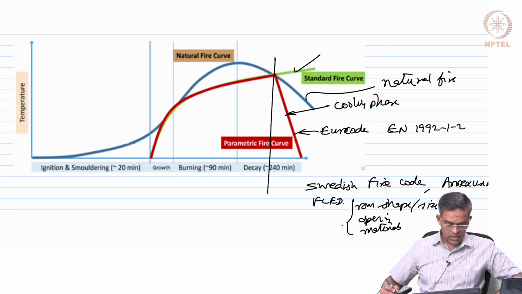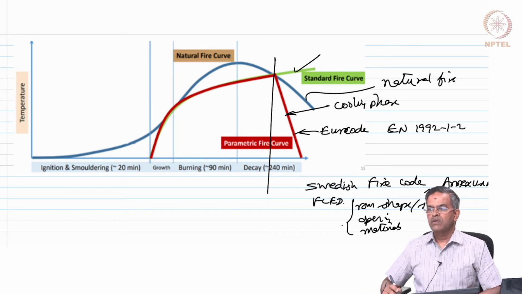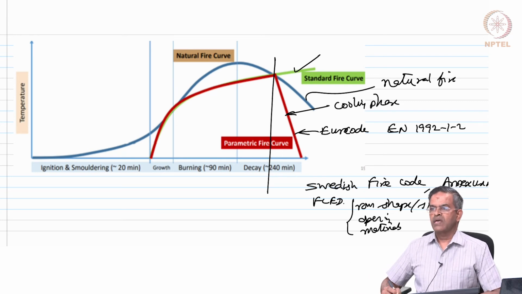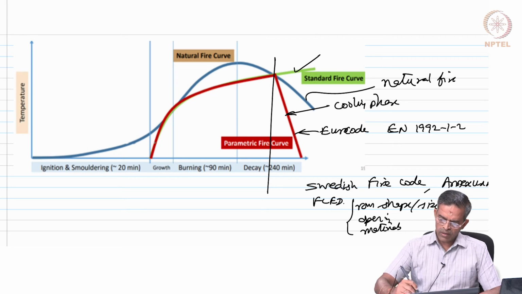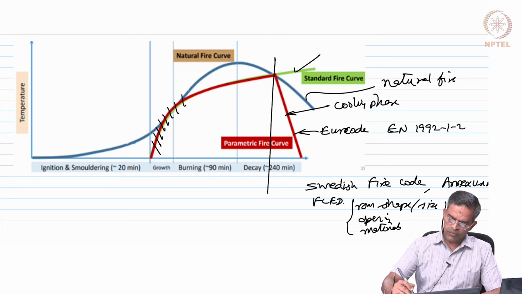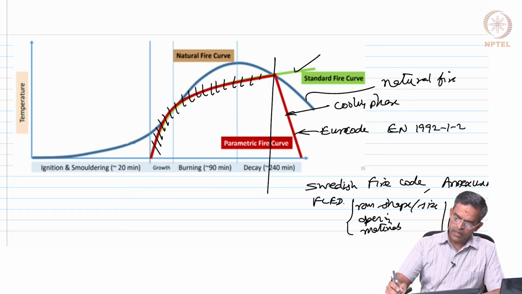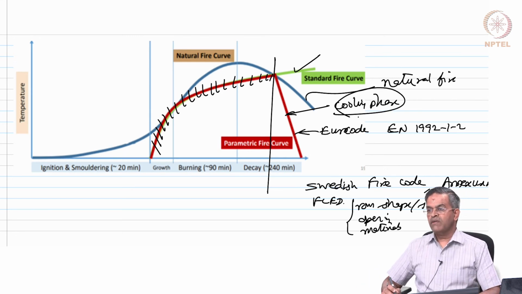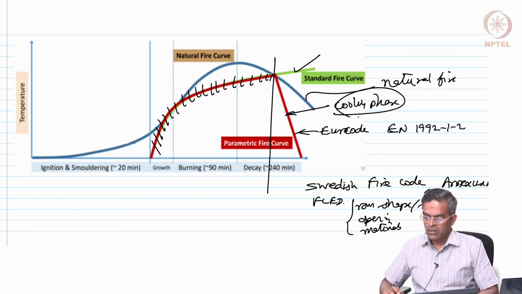So, there has been a revision in the Swedish fire code to compute the fire load energy density not as a standard value, but dependent on realistic parameters as you see here. The standard fire curve only indicates the growth phase, but does not talk about the cooling phase, whereas the parametric fire curve used in Eurocode talks about the cooling phase as well.